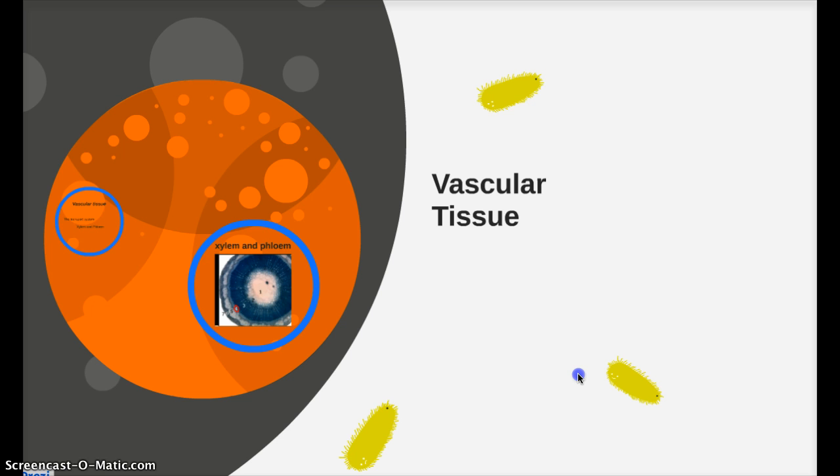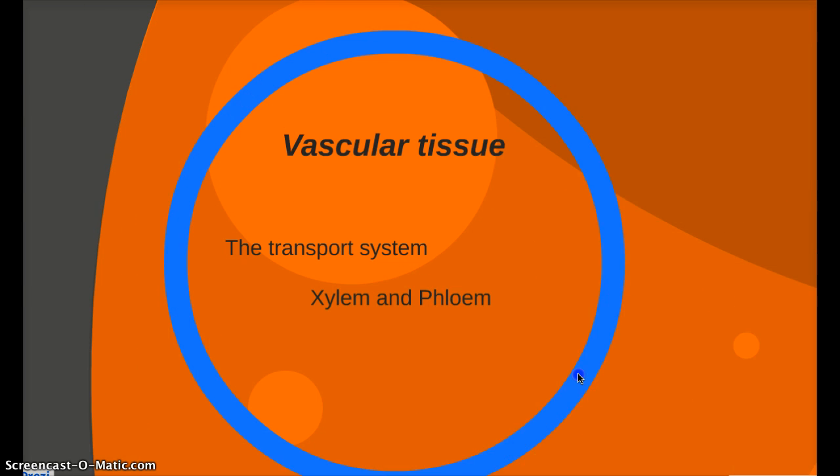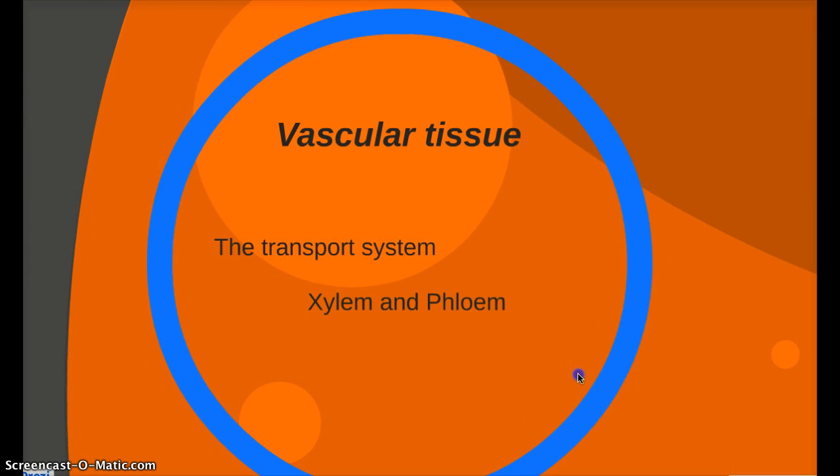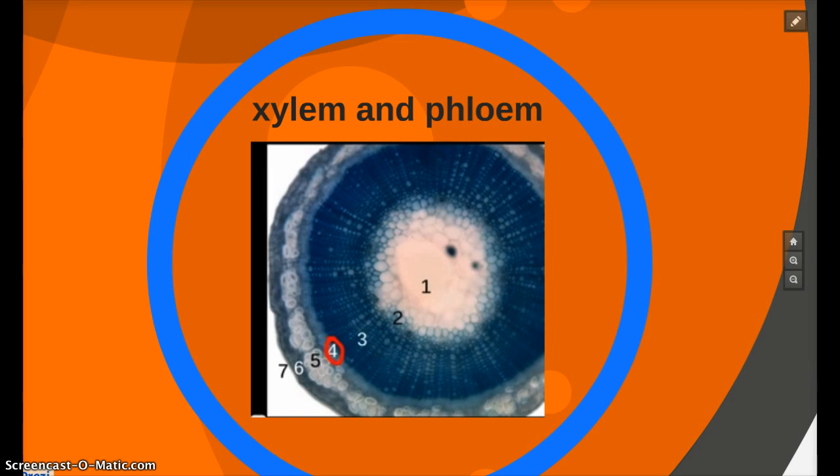Okay. Next is the vascular tissue, the last tissue of the tissue system. And the vascular tissue is basically the transport system of the plant. And it has two major conducting systems, the xylem and the phloem. The xylem is represented here. 1, 2, and 3 is the whole xylem.